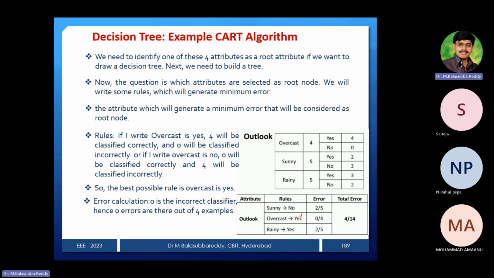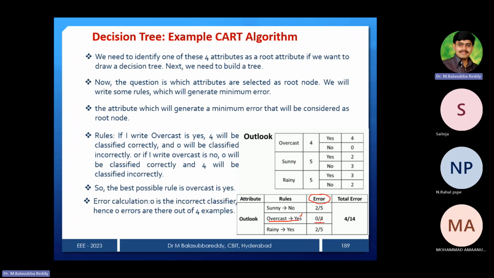Now, how do we calculate the error for this overcast case? For overcast is yes, I got 0 by 4. What is the meaning of 0 by 4? The formula of error is the number of incorrect divided by total.